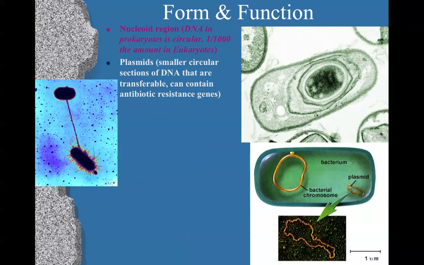Remember that outside of their circular genome, they also have a plasmid, or can have multiple plasmids that are small circular sections of DNA, and that usually these are important for us because they can contain antibiotic resistance genes. But there are other plasmids that have other genes located on them to do other various specific tasks.